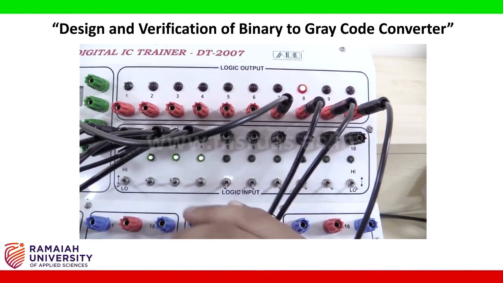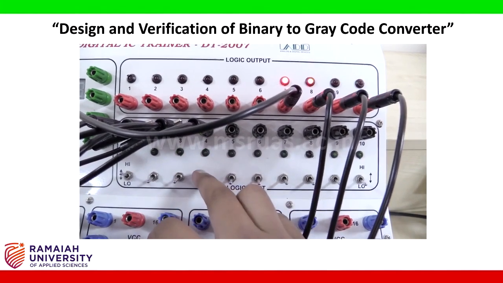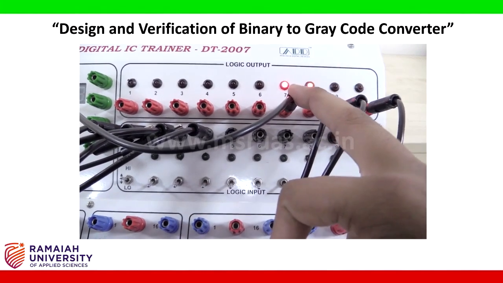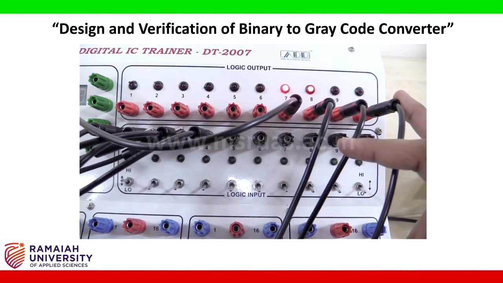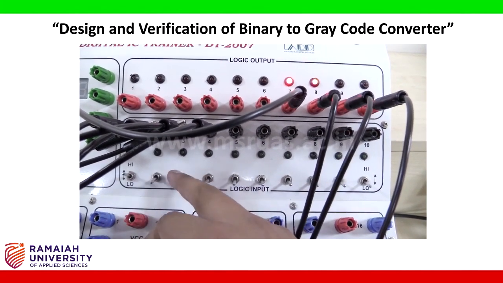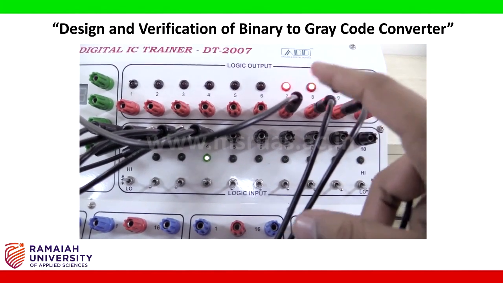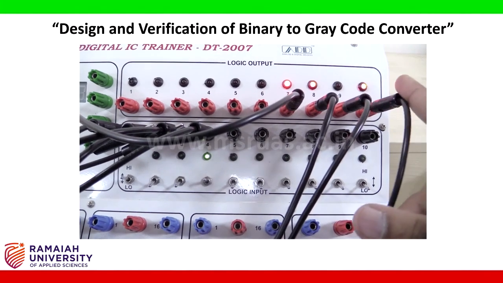The next combination of the input is 1 0 0 0, and the output combination is 1 1 0 0. For the next input combination, 1 0 0 1, you can see the output is 1 1 0 1.